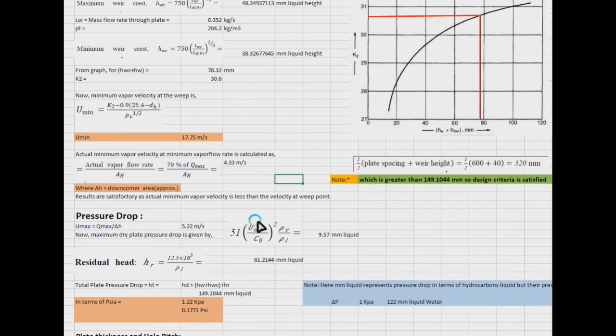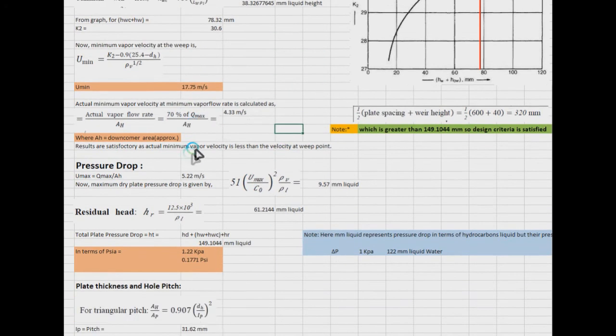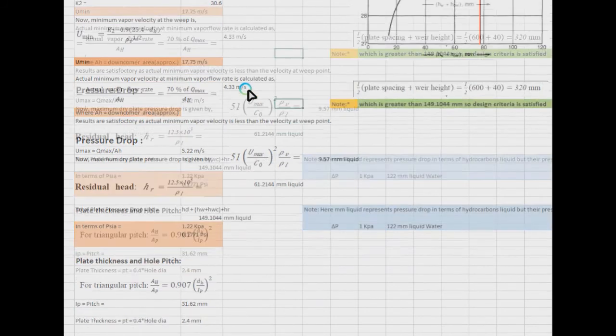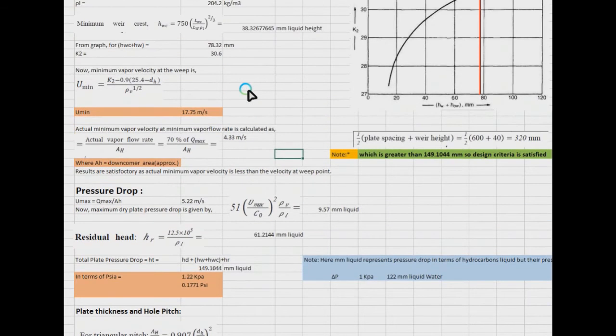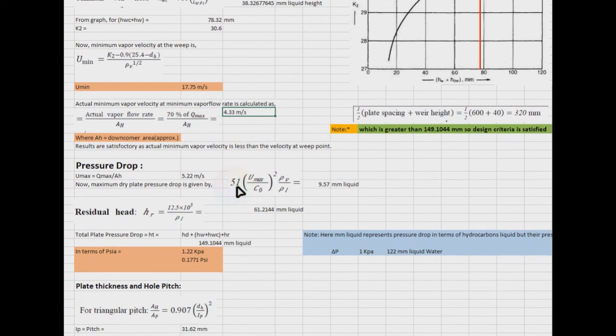So the flow rate will be based on the downcomer here. But it will not play any important part in the weeping, because the downcomer does not involve the plate area or holes, so the area is a free space, so this velocity is calculated separately.